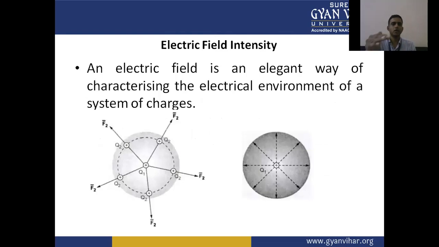Now we have the second part of this video lecture. After discussing Coulomb's law, we are coming to electric field intensity: how the field is developed due to positive and negative charges. An electric field is an elegant way of characterizing the electrical environment of a system of charges.